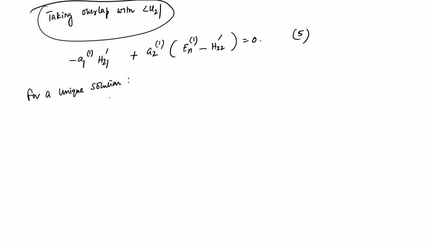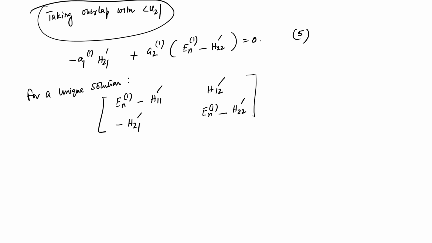And so we write for a unique solution we should have this condition, that is En1 minus H11 prime, H12 prime, and minus H21 prime and En1 minus H22 prime.